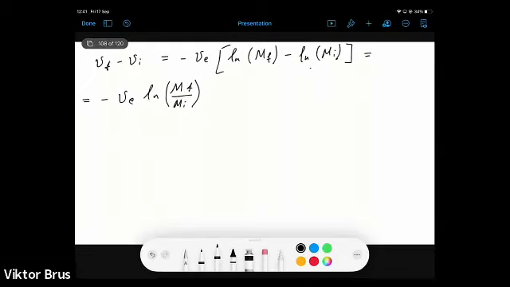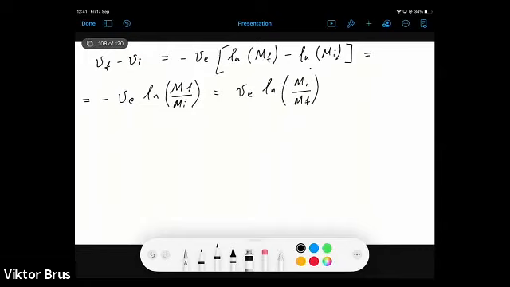So here we have this minus and another property of logarithm. If we have minus, we can just flip this ratio. So it will be V exhaust times natural logarithm of M initial over M final.